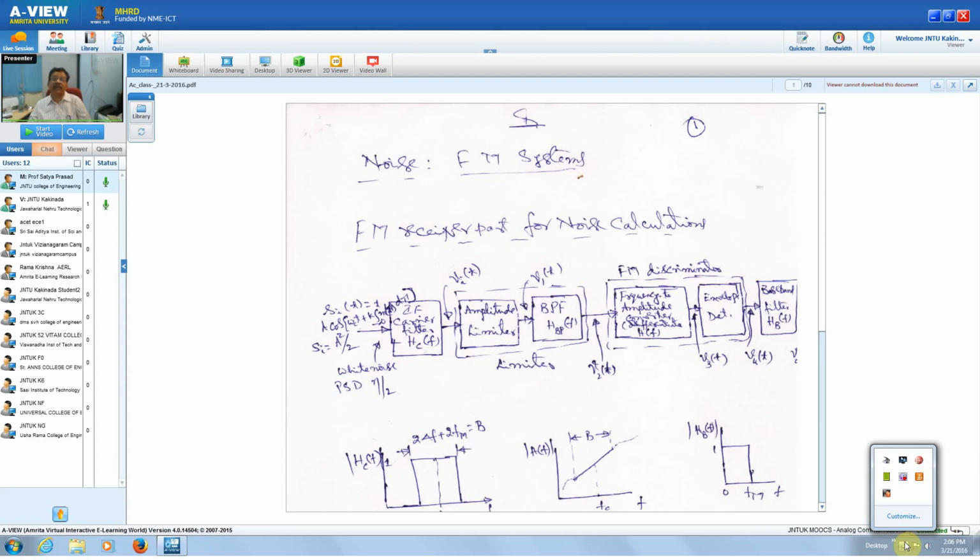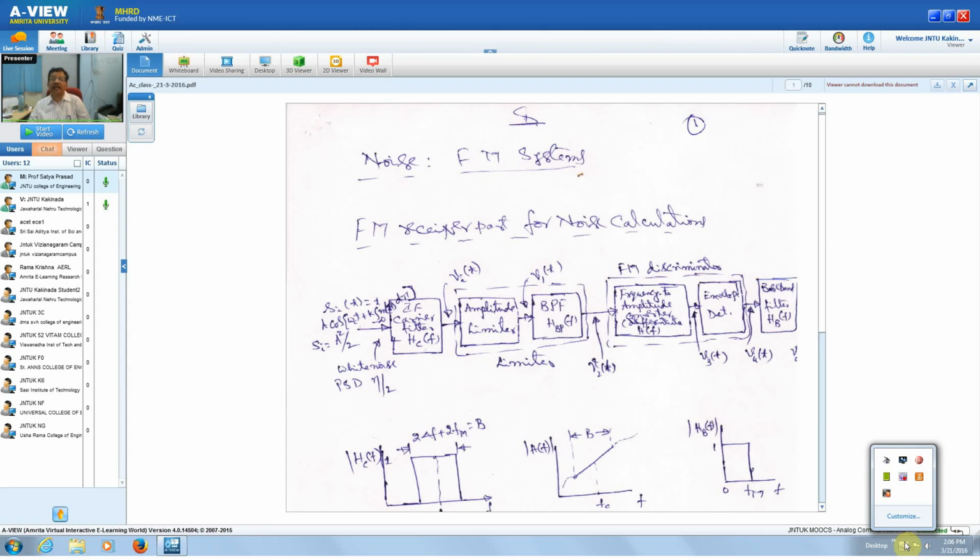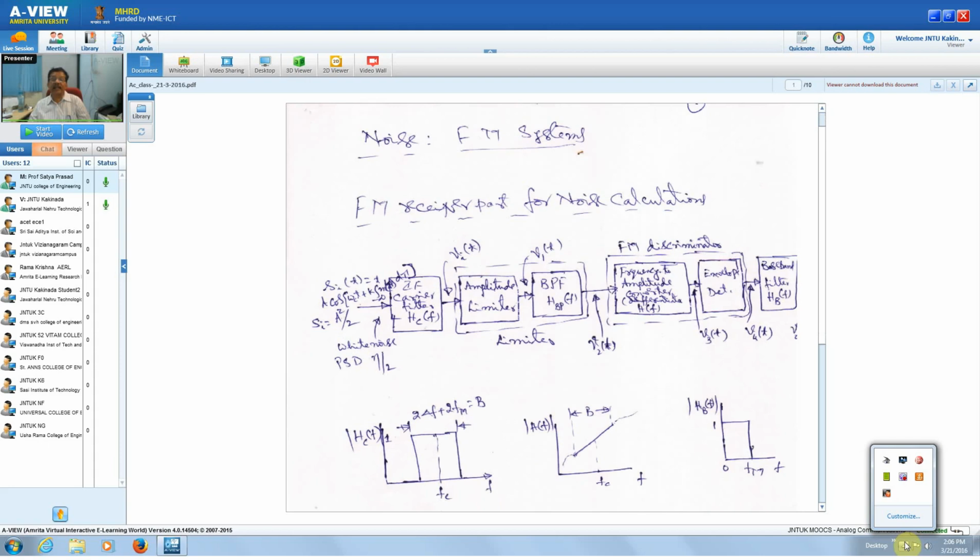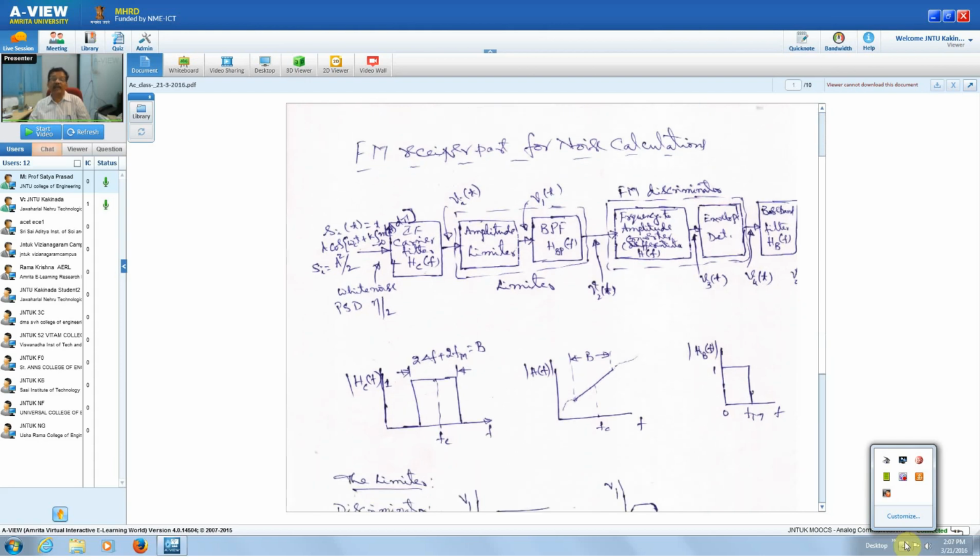So the bandwidth required for this IF carrier filter is 2 delta f plus 2 f_m. In the plot, the center frequency is f_c, and the bandwidth of the carrier filter is this B.